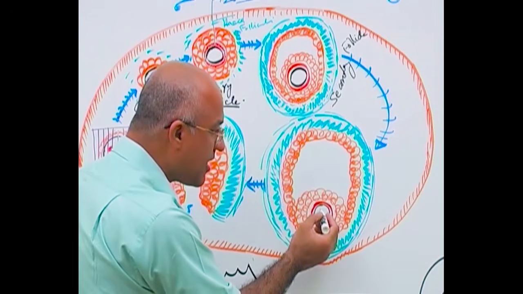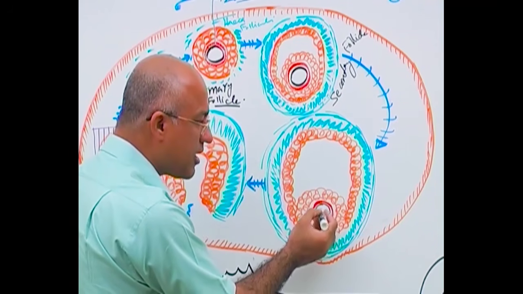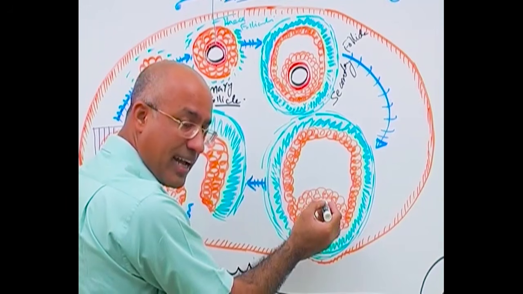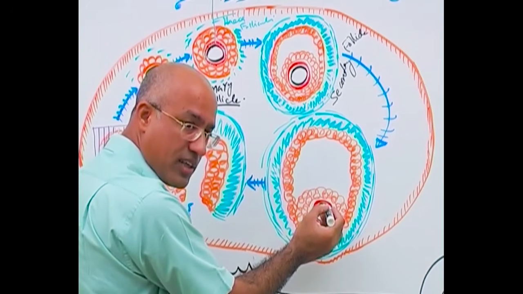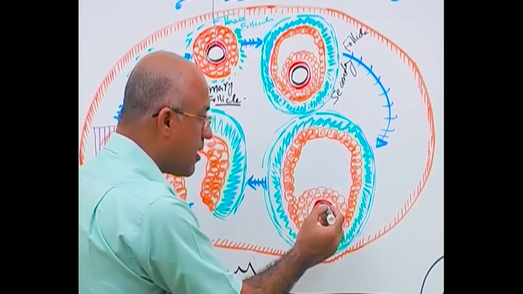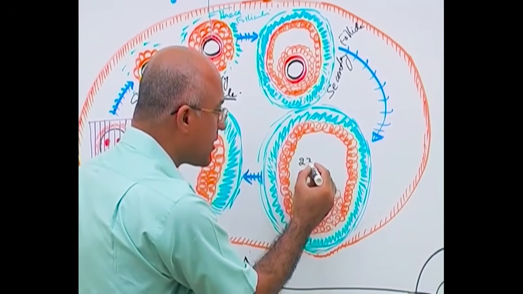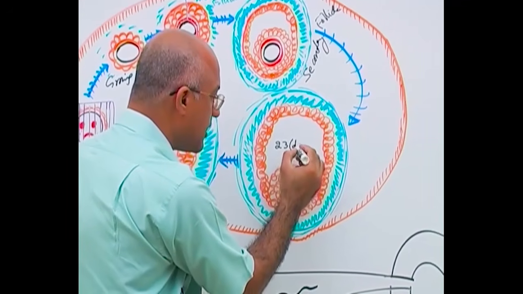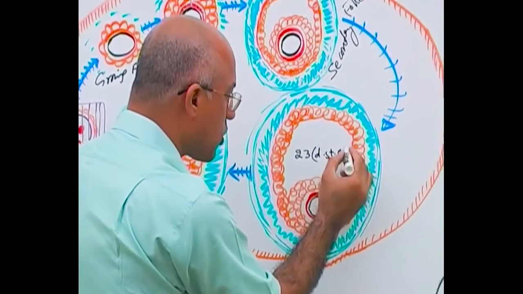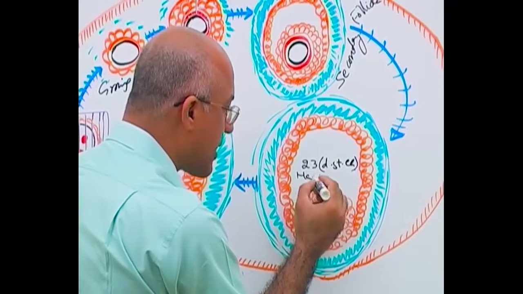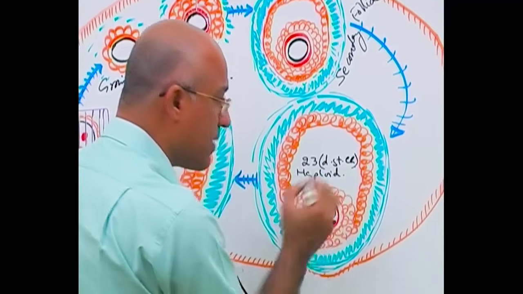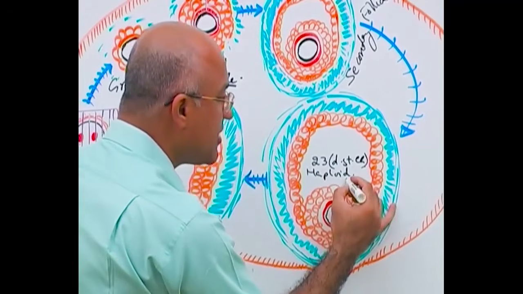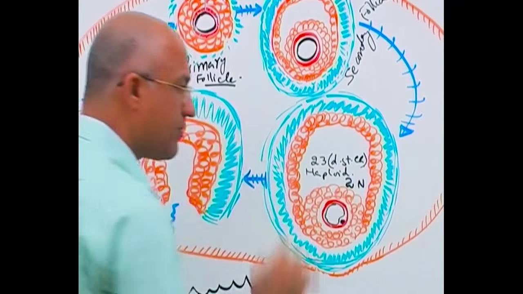What happens to the genetic material? If you remember the lecture on meiosis, at the end of the first meiotic division, the daughter cells must have 23 double-structured chromosomes. So these cells are haploid as far as chromosome number is concerned, but as far as DNA material is concerned, that is 2n.